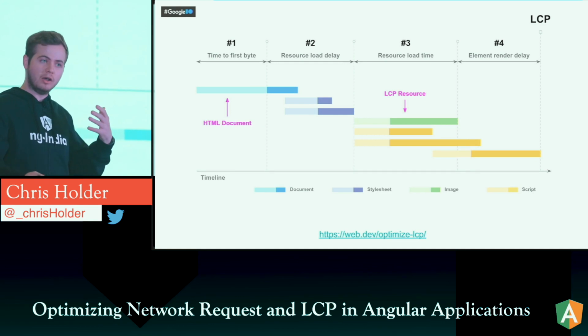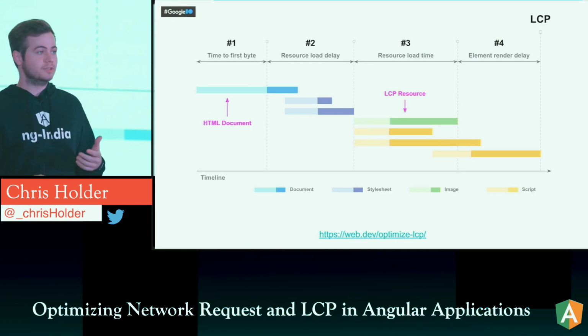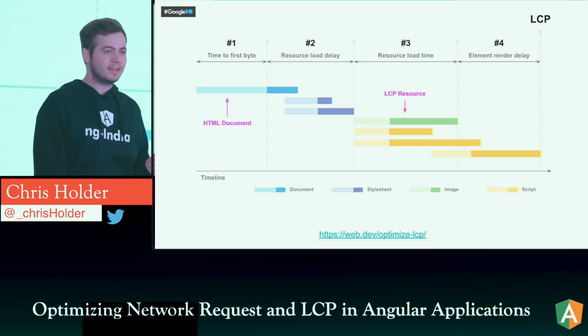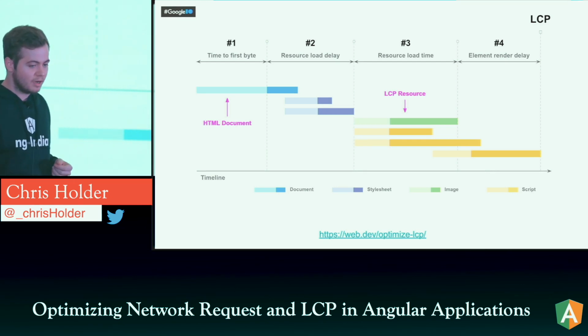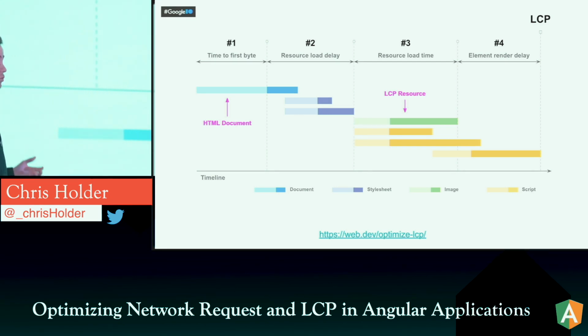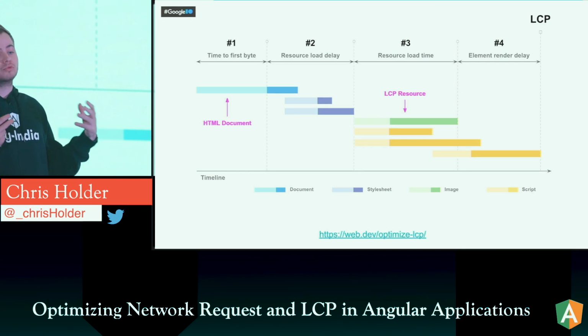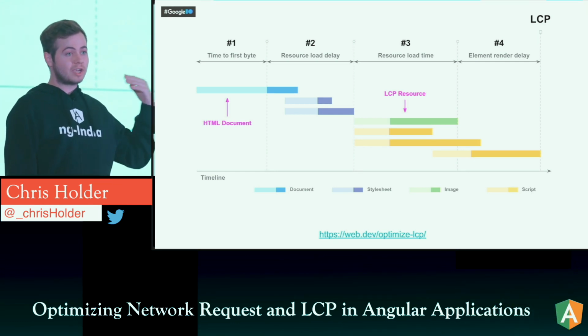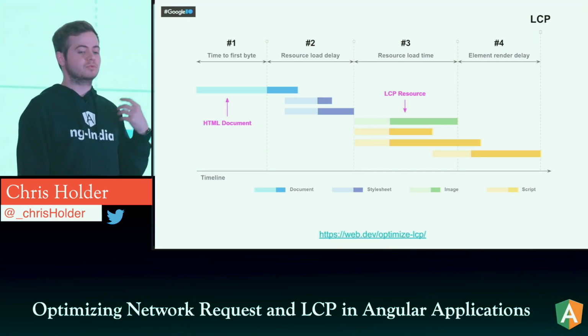And to help explain how to improve this, I'm going to use the same model that Enea used earlier today. This is a model created by Google that will help us understand how to improve LCP by showing us a timeline of what loads on a page and what renders on a page.